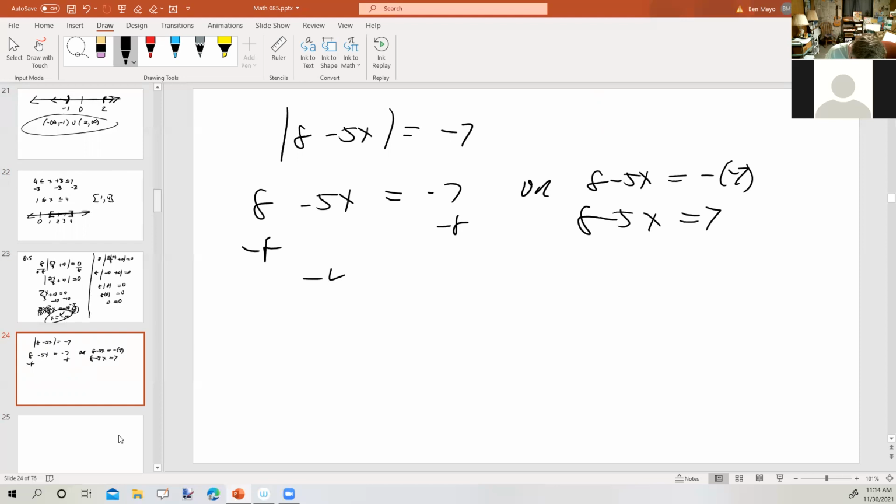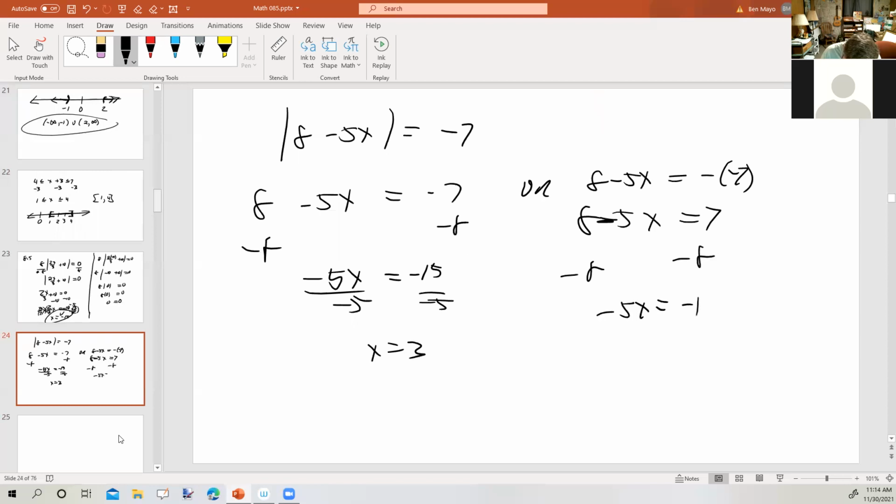So I can go ahead and solve this thing. X equals 3. And over here, subtract 8, -5x equals -1. X equals 1/5. Sorry, I'm getting so sloppy here. Just feeling like I have to hurry.